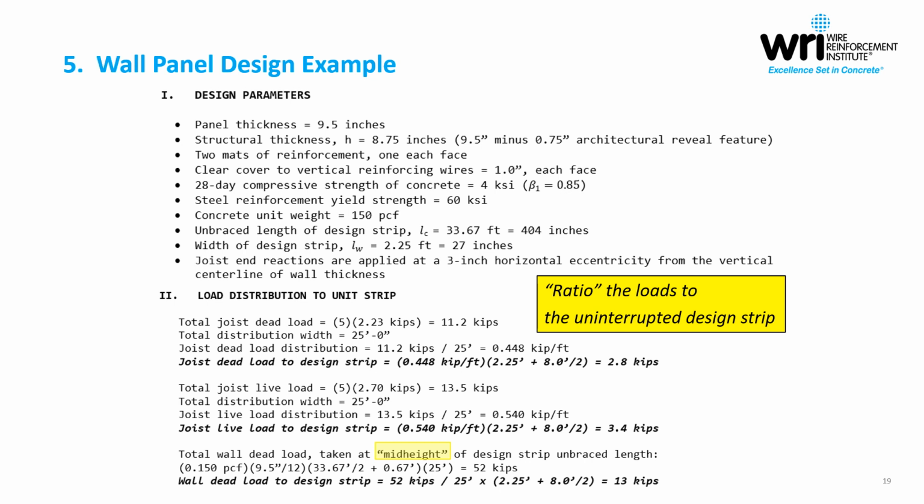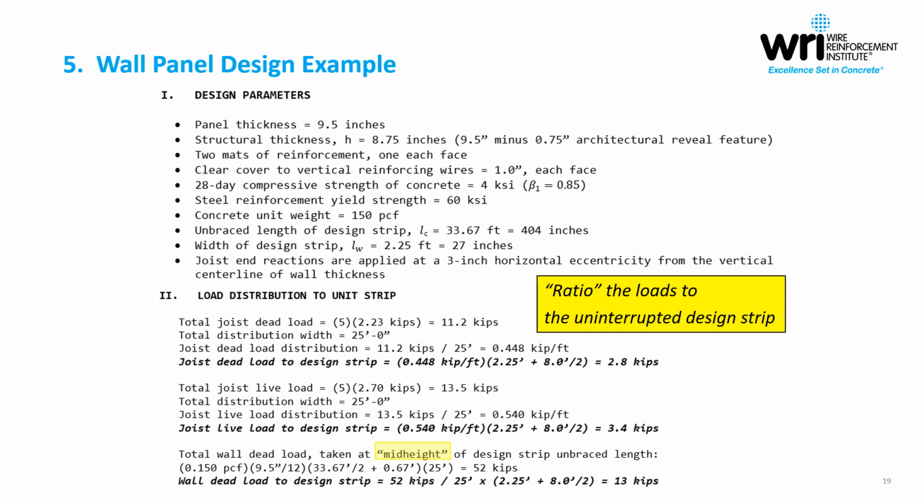So in step 2, we distribute the load to the unit strip that we're analyzing and designing. Essentially, we ratio the loads to the uninterrupted design strip. We know that we have a total joist dead load of 5 times 2.23 kips, so 11.2 kips. Our distribution width is the panel width, 25 feet.